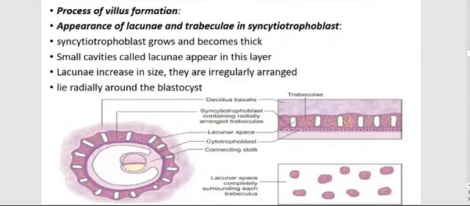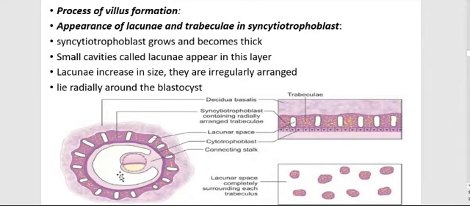Now let's see how these villi are formed, maybe we can have a better understanding. So we have this, maybe a trilaminar embryonic disc by this time. This is our connecting stalk, and this is the extraembryonic mesoderm, this one here. And then this is the cavity.